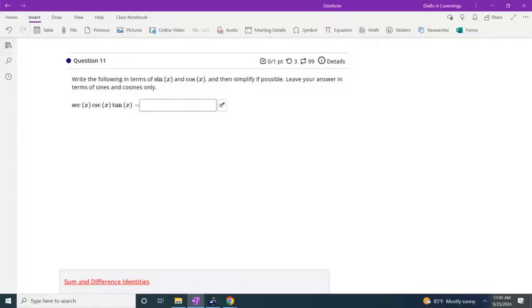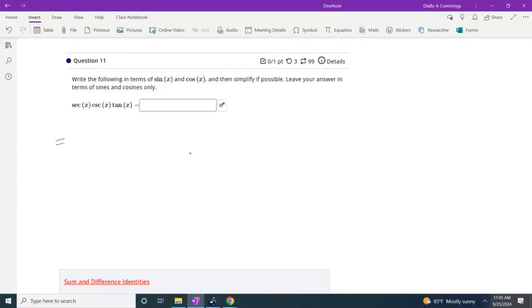It says write the following in terms of sine and cosine, and then simplify if possible. Leave your answers in terms of sines and cosines only. So we have secant x times cosecant x times tangent x. So I'm going to rewrite each of these in terms of sine and cosine if possible.